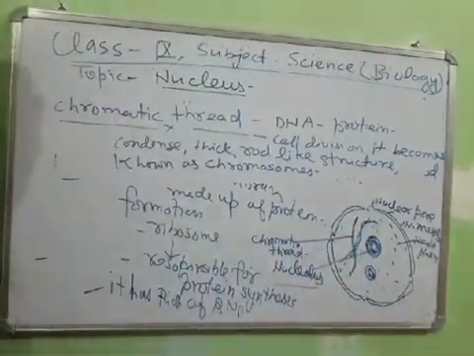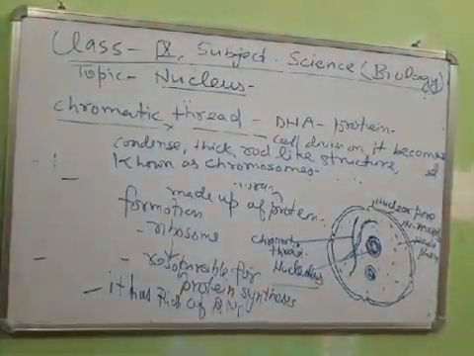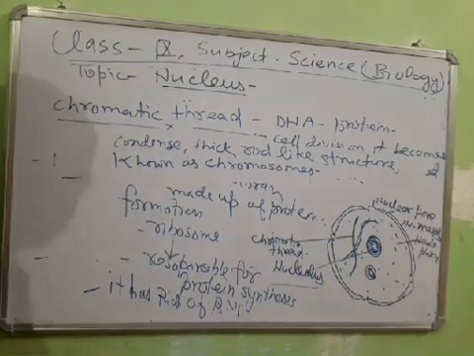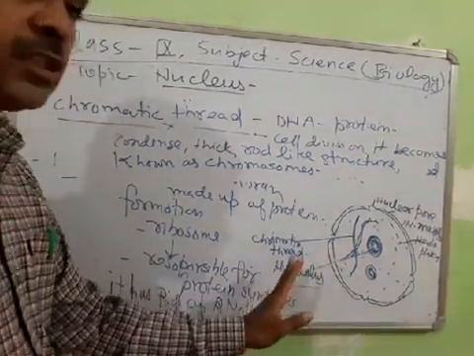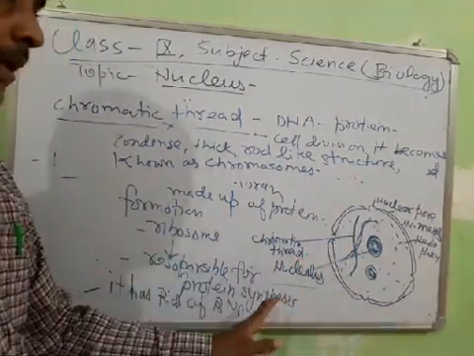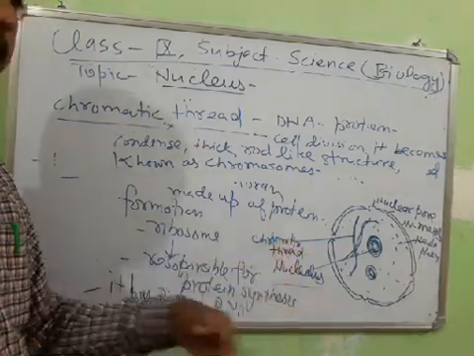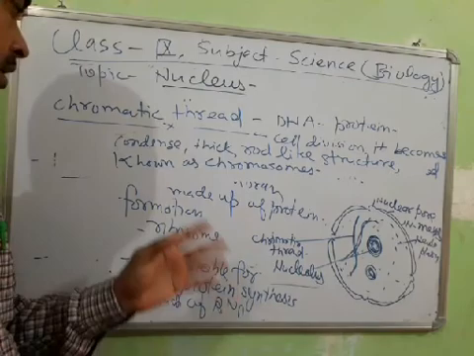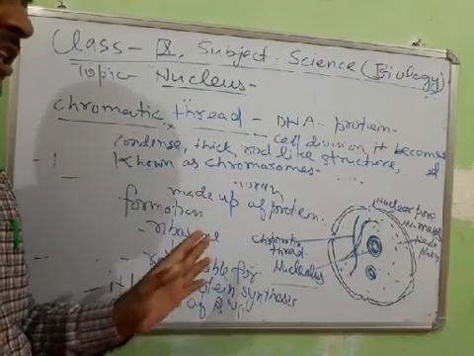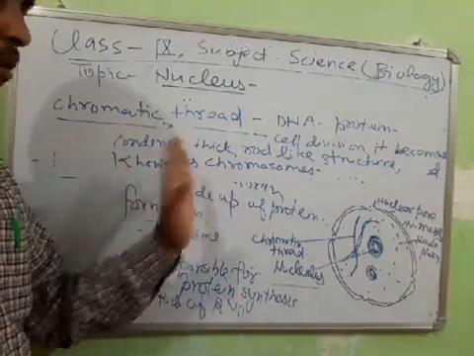Okay student, write down. So the chromatin is responsible for making chromosomes, because during cell division it is converted into the condensed, thick and rod like structure that is called chromosomes.